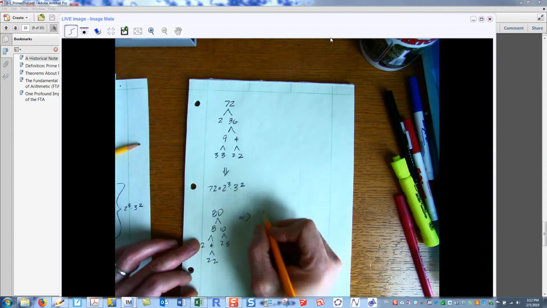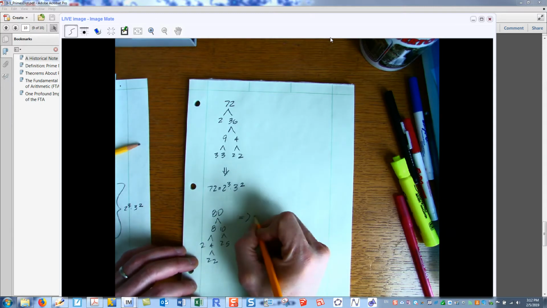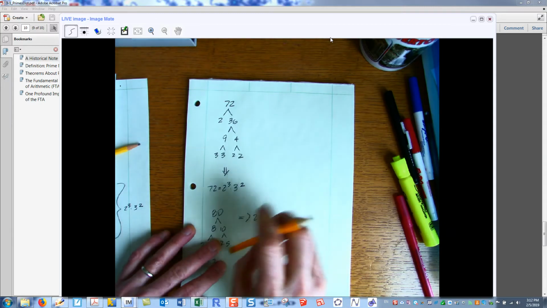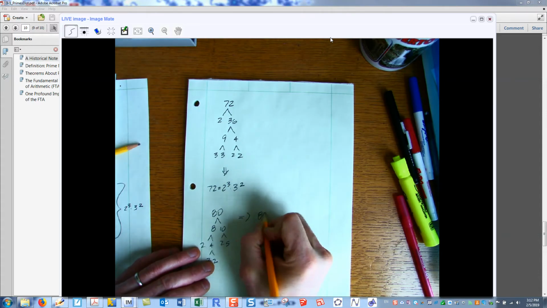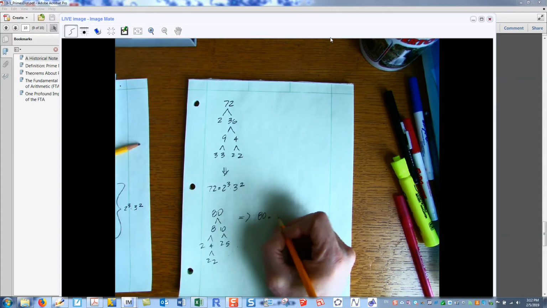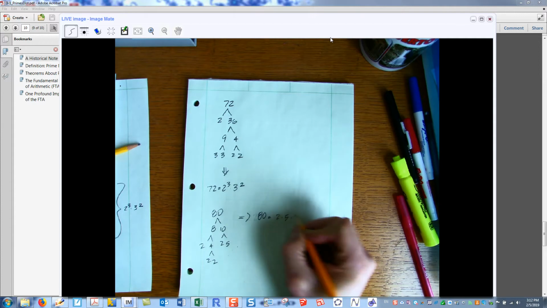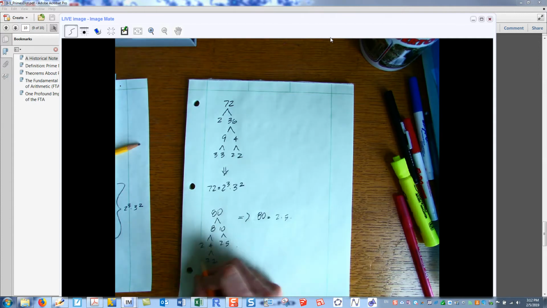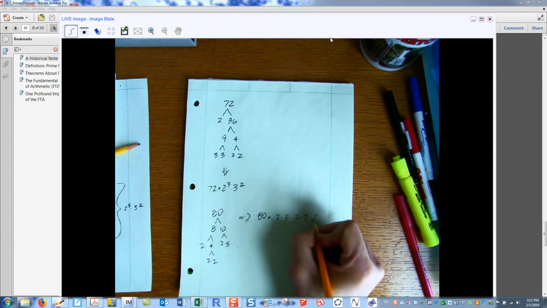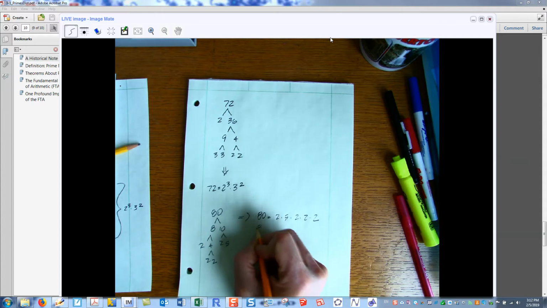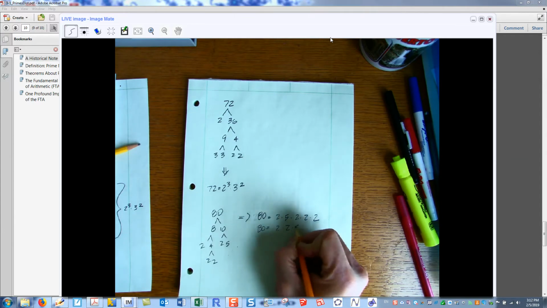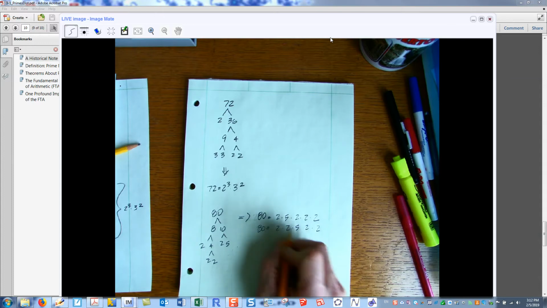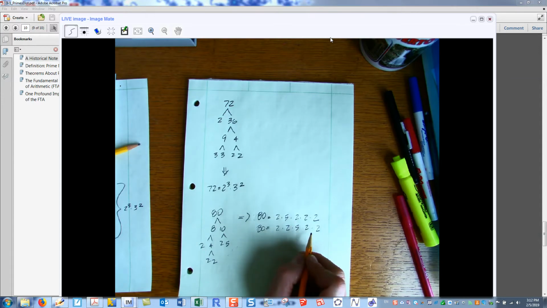That means 80 can be written as something like 2 times 5 times 2 times 2 times 2. Of course, another way we could write 80 would be 2 times 2 times 5 times 2 times 2. And of course, these representations are not unique because the 5 is in a different place.